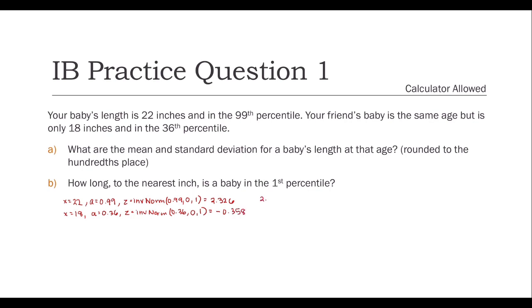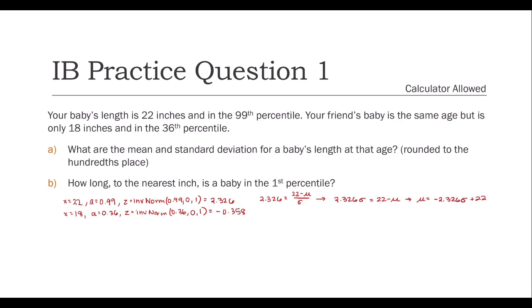So our z-score equals x minus mu over the standard deviation. So 2.326 times the standard deviation equals 22 minus mu. So if we solved this for mu, mu would equal negative 2.326 times the standard deviation plus 22.